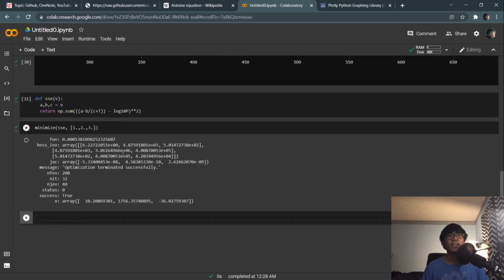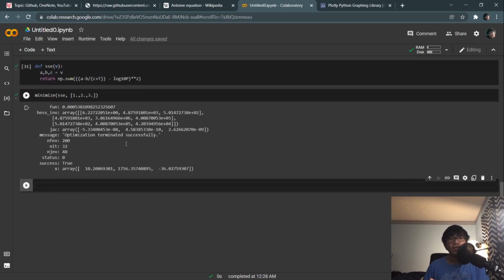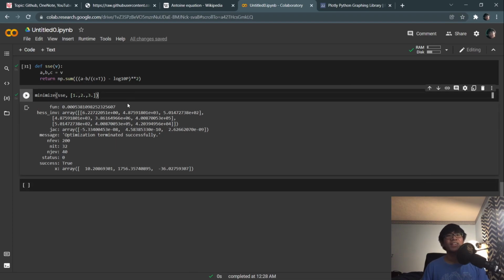All right, so minimize is this nice little thing that returns a bunch of things. Anyways, it returns all these different things, but right here we have x, which is an array, and in that array we have our a, b, and c values.